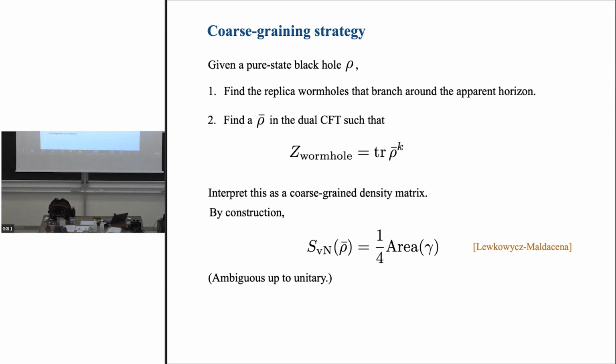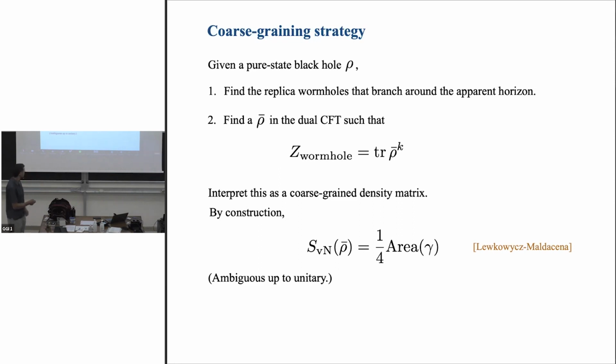Sorry, what's the question? Was it important that wormholes appear in this slide, or can you have a discussion for just connected versus disconnected? Oh, I suppose one could do something similar for that case. It just feels more complicated because there won't be different boundaries.